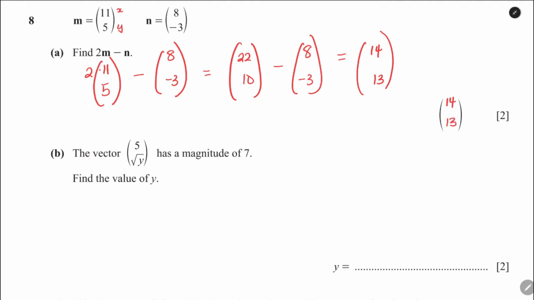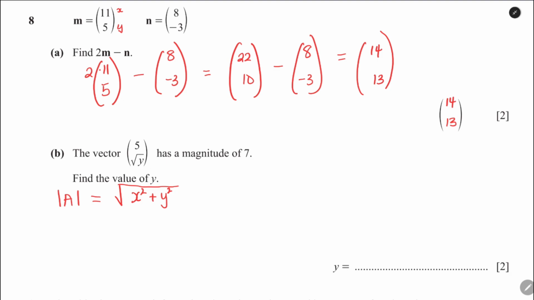All right. Now, the next question is talking about the magnitude of a vector. Now, this vector 5, root y has a magnitude of 7. The magnitude of a vector, let's call the vector, say vector A, is given as the square root of the x component squared plus the y component squared.